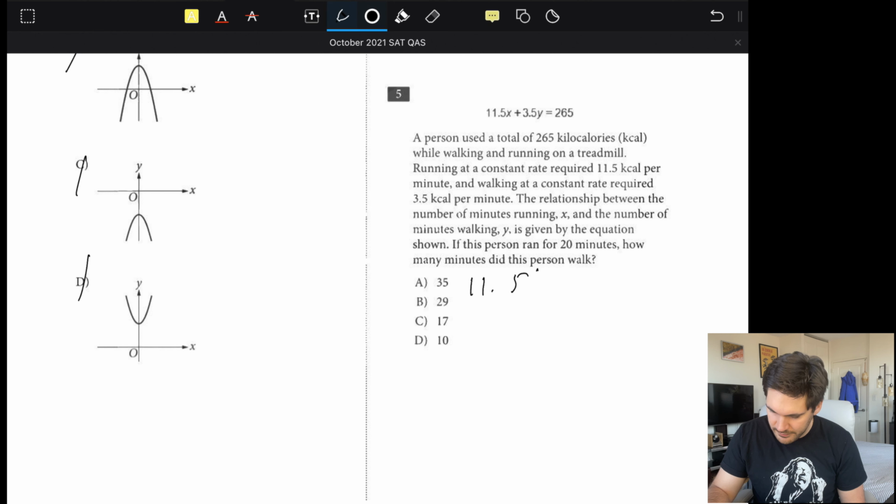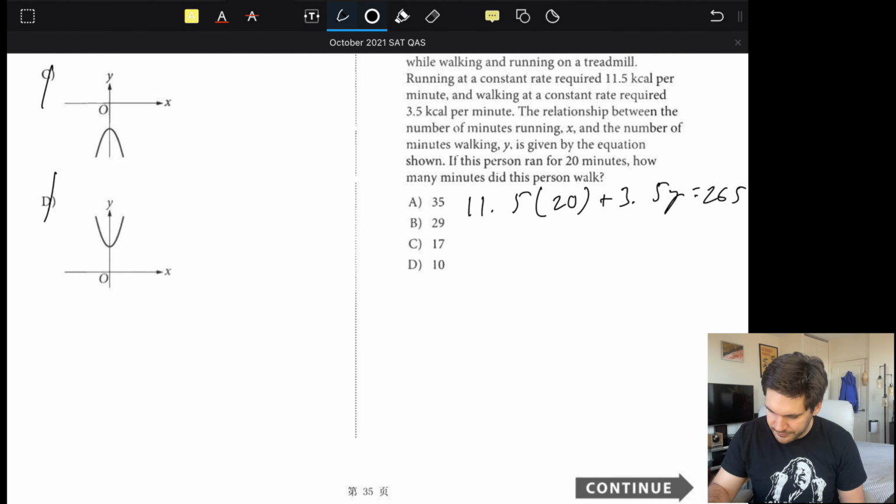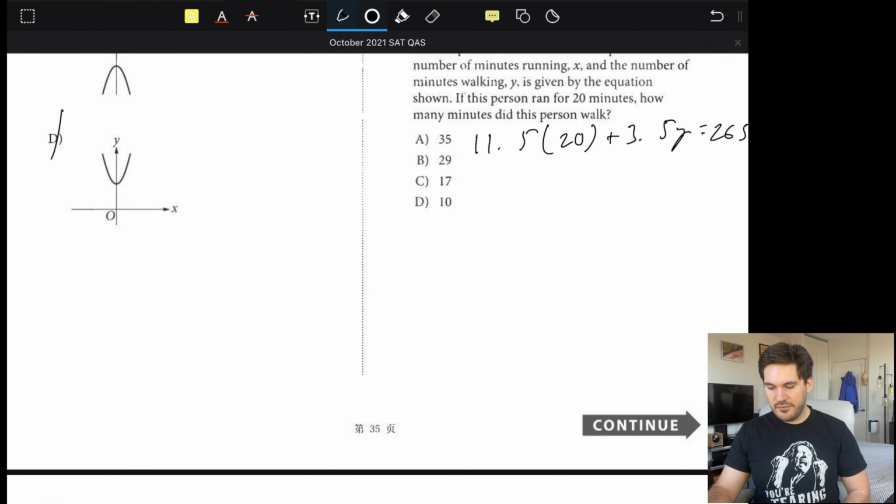So we're going to do 11.5 times 20 plus 3.5y equals 265. So 11.5 times 20, well, we know 11.5 times 10 is 115, so times 20 it should be 230.